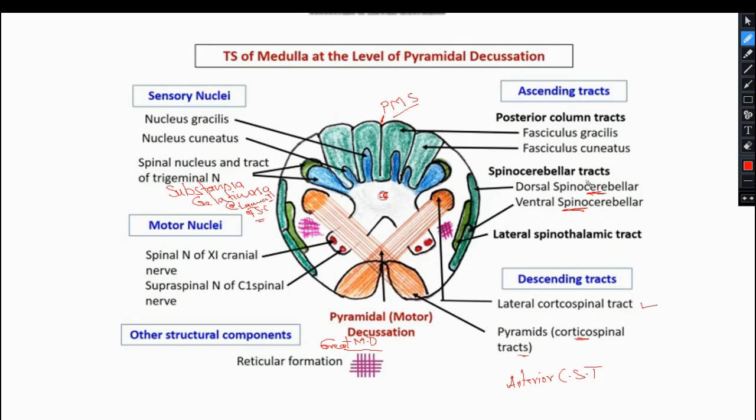All together they are known as the lateral column, whereas this one is the dorsal column.